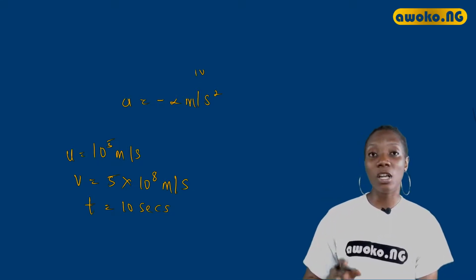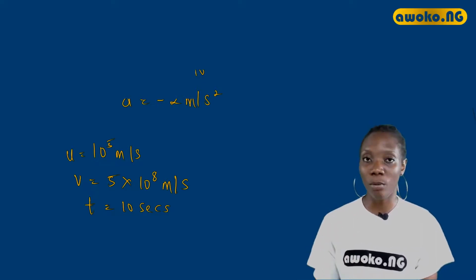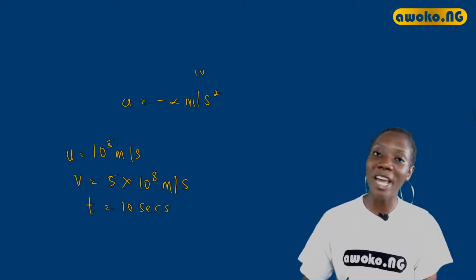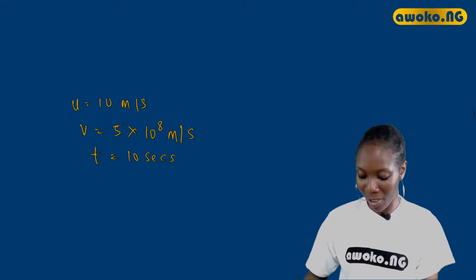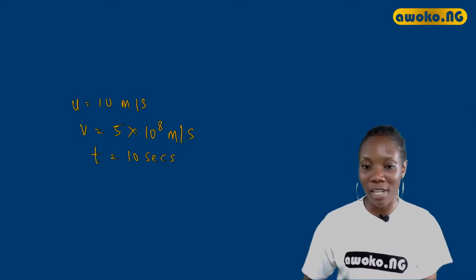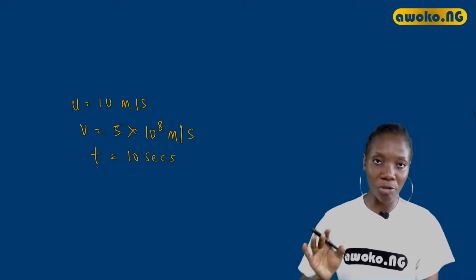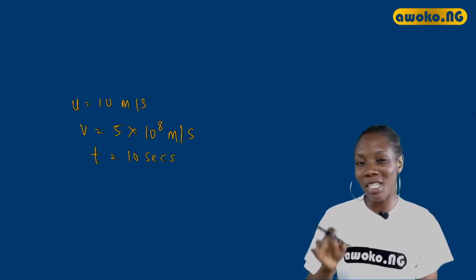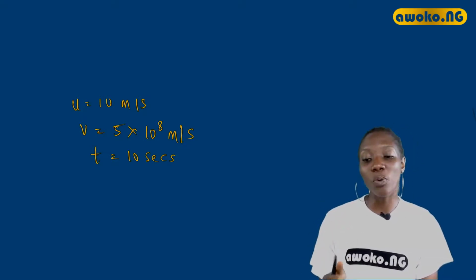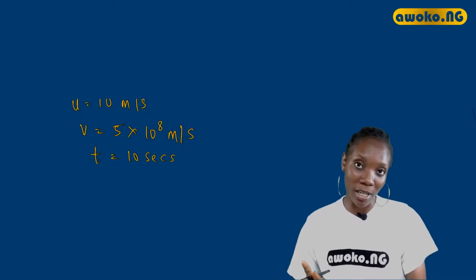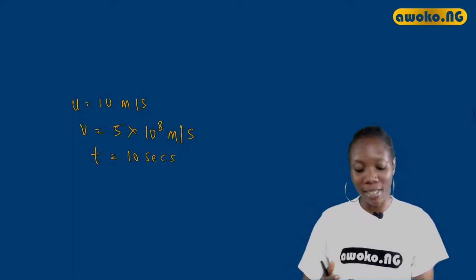In physics, you have to outline your parameters very well. If you do not do that, you tend to miss some steps, okay? So some of these things are like principles, rules that help us in physics. So we've gotten this now. How long is the accelerating region? Now the length of the accelerating region is equal to the distance covered during this acceleration. So if we're looking for how long the accelerating region is, it means that we're looking for the distance.